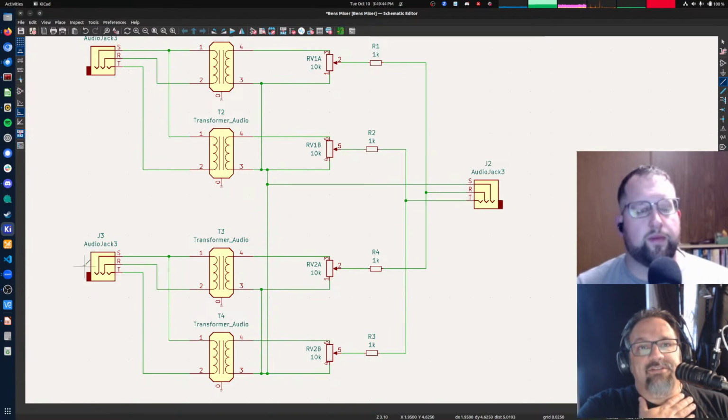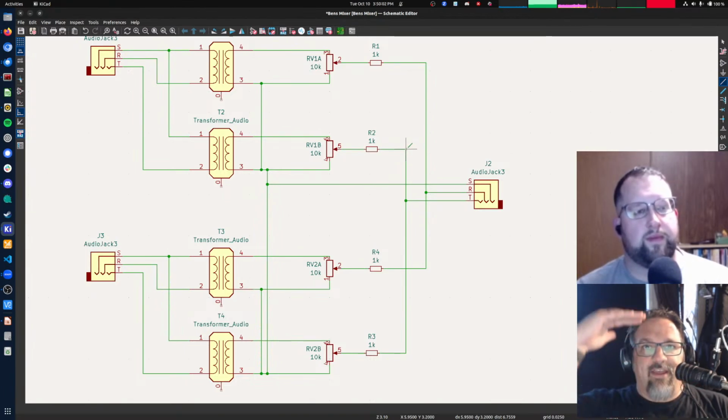What we need to do to prevent that from happening is we need to prevent this node right here, which is called the bus. We need to prevent the bus from varying voltage.